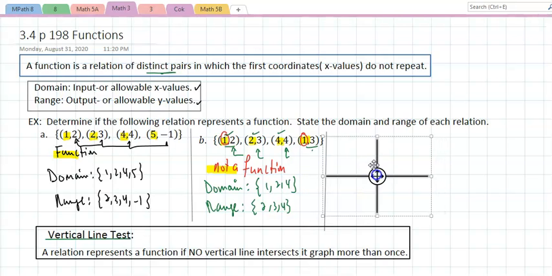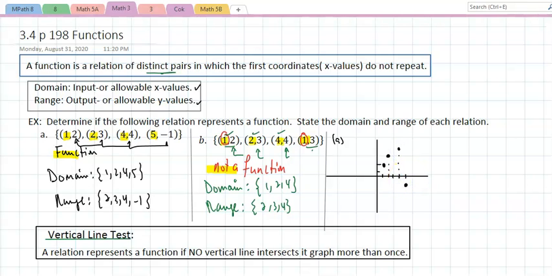if I was to plot these points: the point 1, 2; 2, 3; 4, 4; and 5, negative 1.